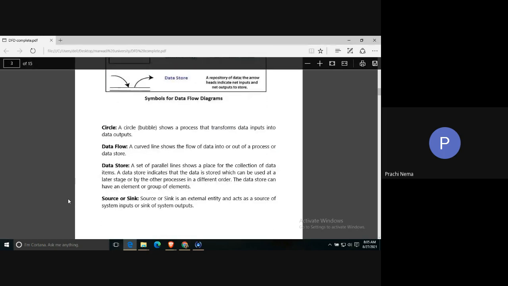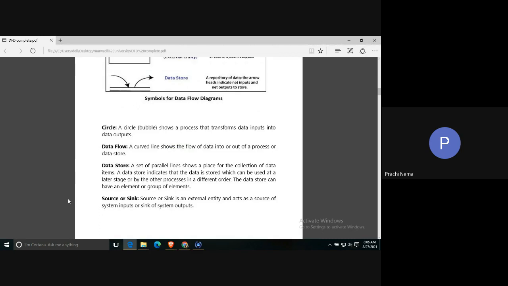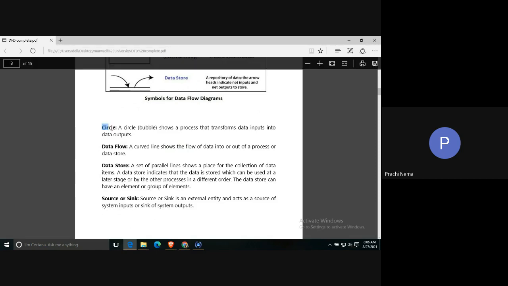Okay, same thing has been described over here. See, the first description is about circle. Circle symbol is used for process. Data flow is shown using, I would say, only a line, because it is not necessarily going to be curved every time.